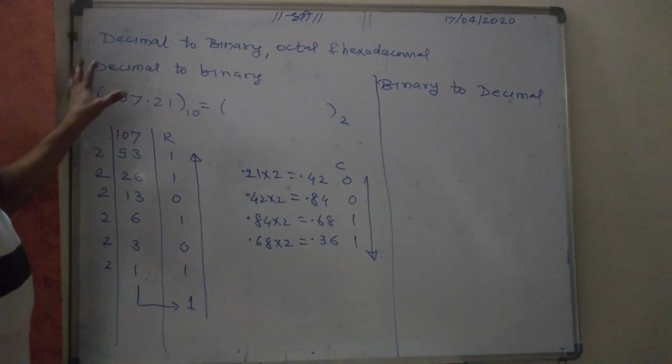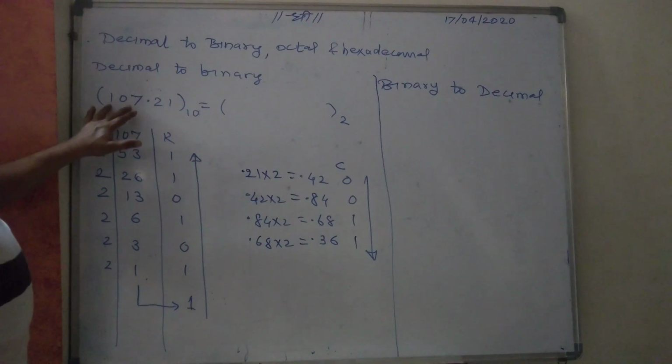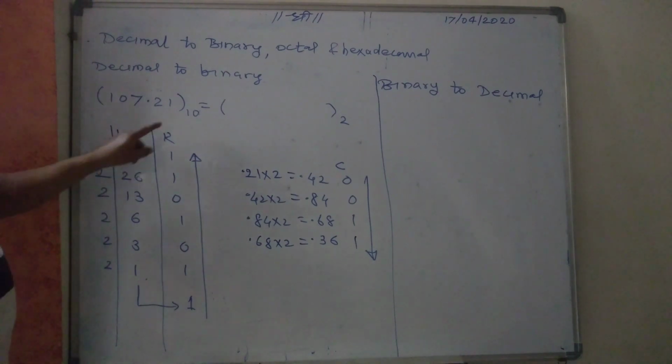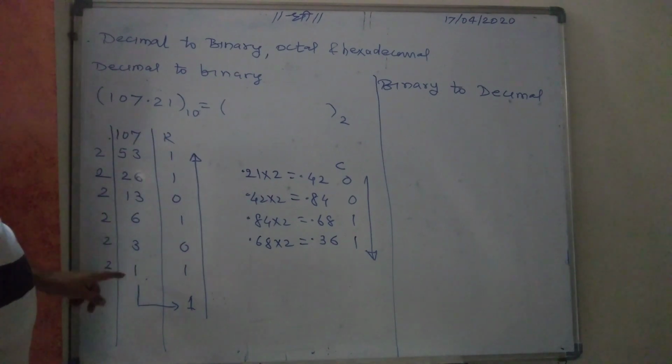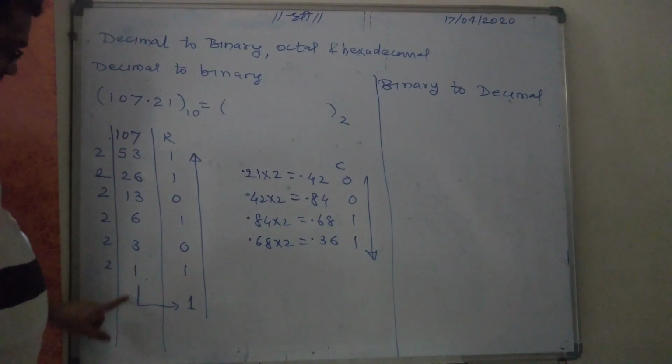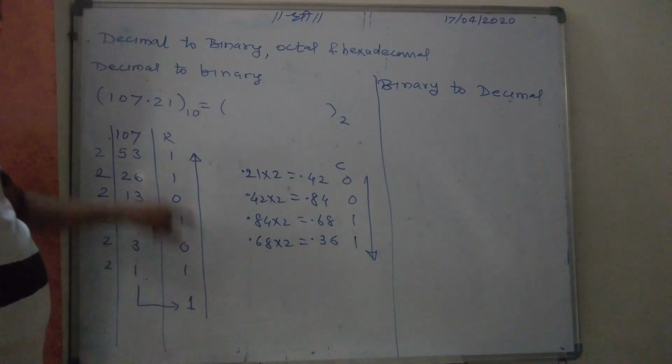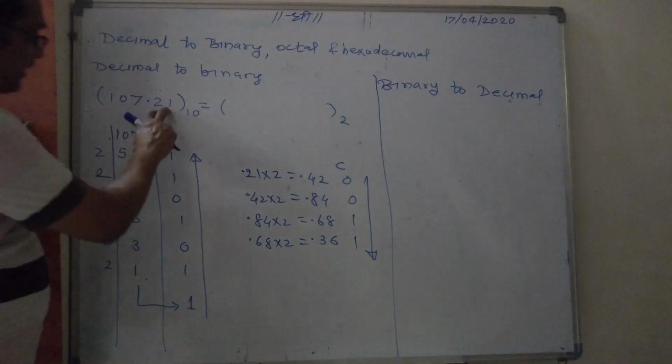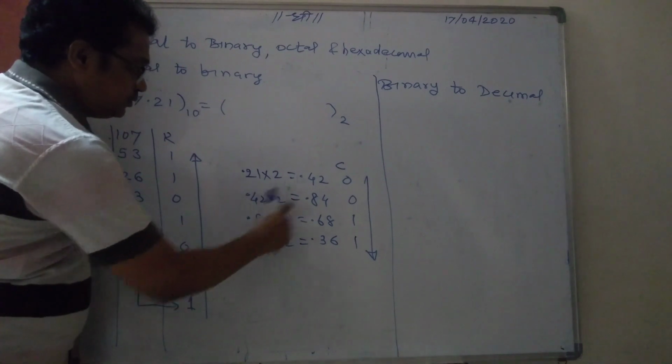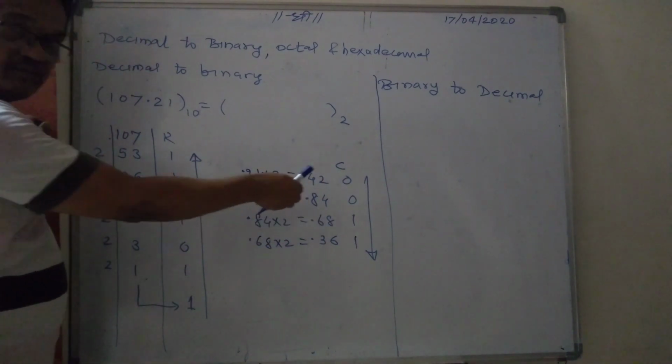So for conversion of decimal to binary, go on dividing the integer part by 2 and write the remainders here. At the end, 1 is not divisible by 2, you have to stop here, but carry this 1 and write the number from bottom to top. For the fractional part, go on multiplying by 2 and stop after 3-4 iterations, right?